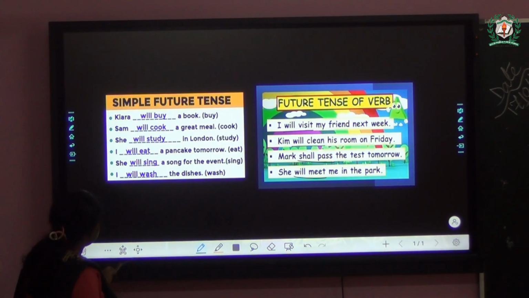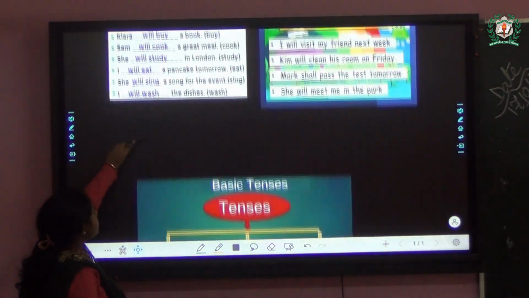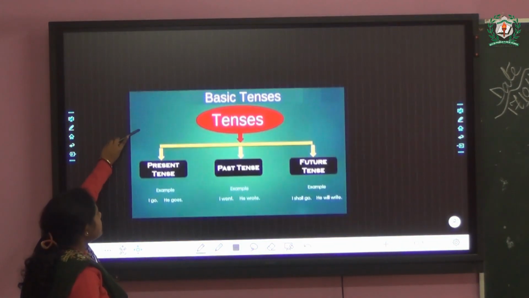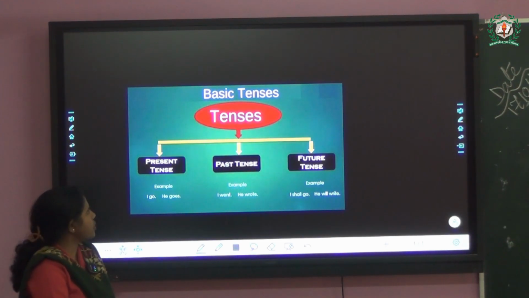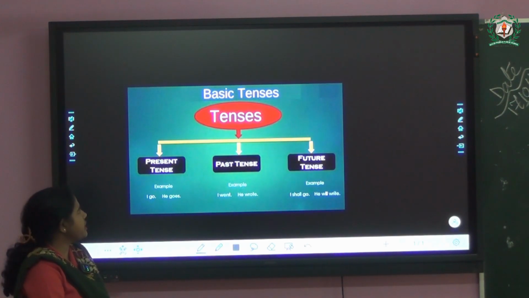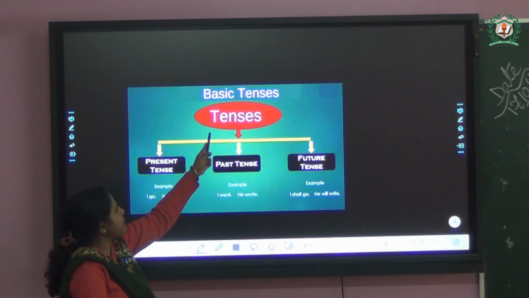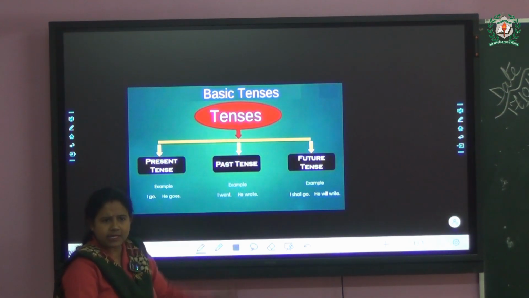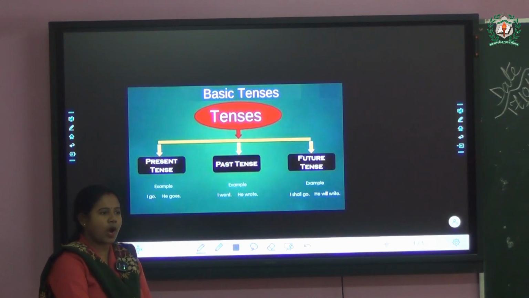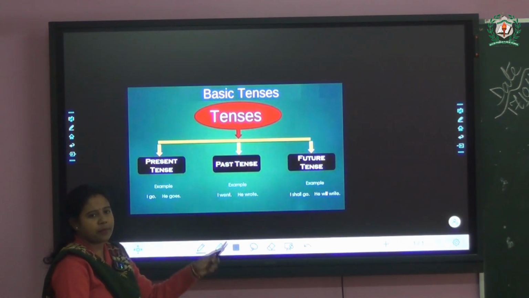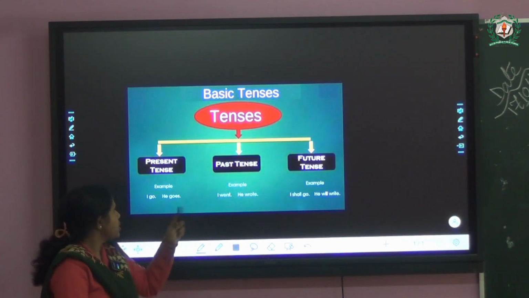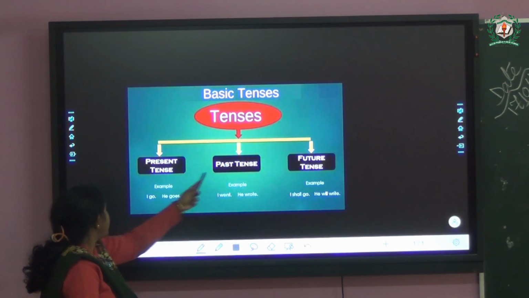Okay, now let's conclude the topic and summarize it once again. In our class today, we have dealt with the topic tenses. And what is tense? Tense tells us about the action verb, when it is happening, regarding the time period of the action verb. If it has already happened in the past, we call it past tense.